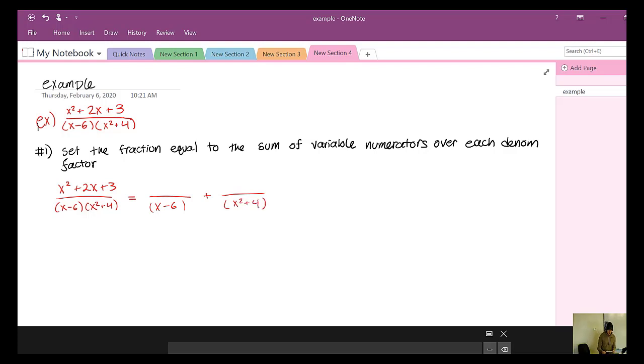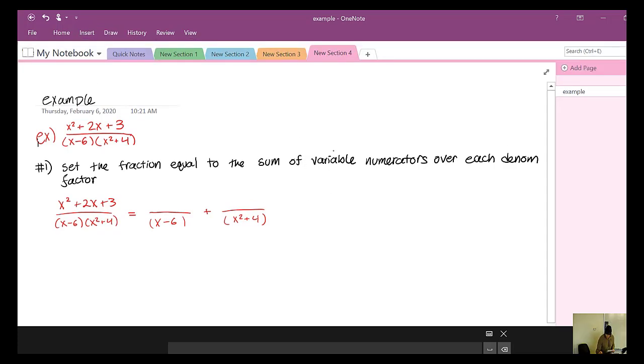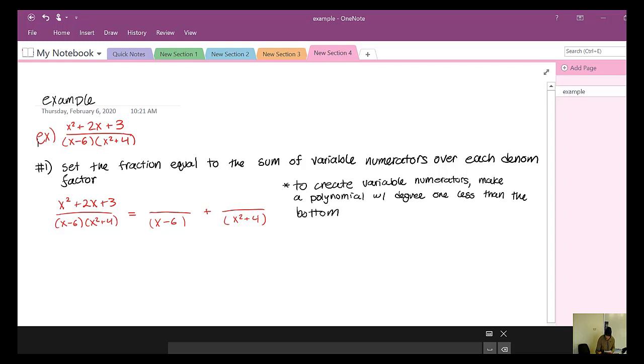The numerators are going to be variables, but the way I construct them is I'm just making a generic polynomial with degree 1 less than what's on the denominator.